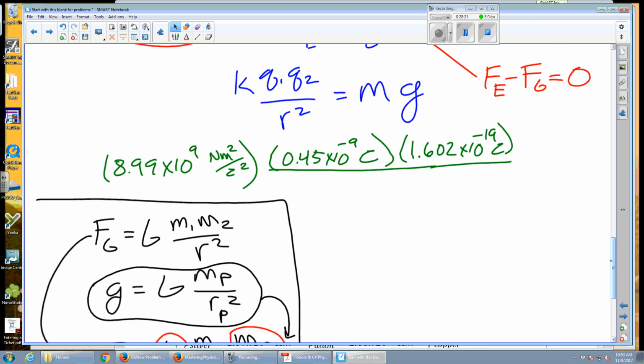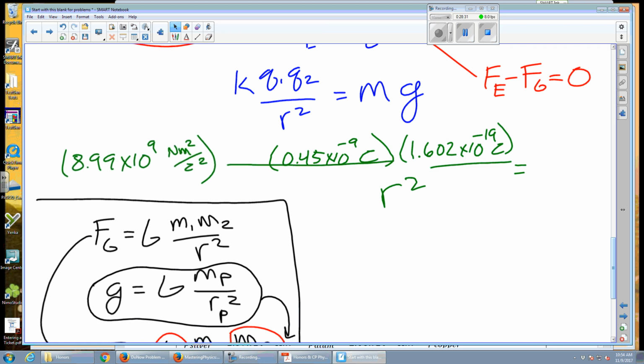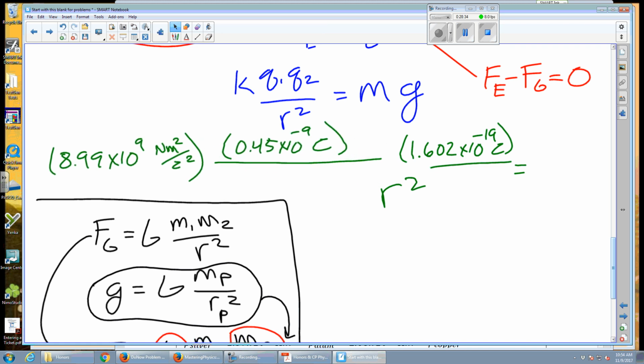Okay. Oh, I was in the middle of substituting, wasn't I? Yeah. Okay, make the math people happy. Give them a variable. There we go. And then the mass of an electron. Ooh, all of this needs to move. I'm running out of room. Get over there. Stay.